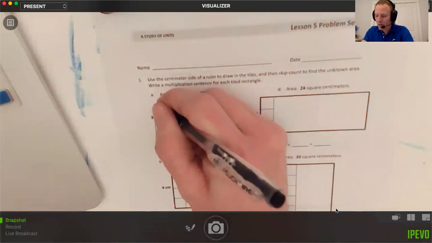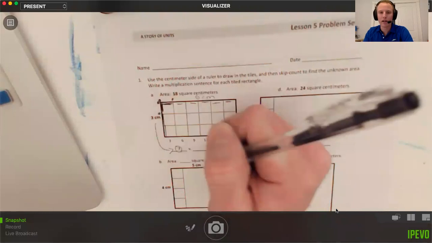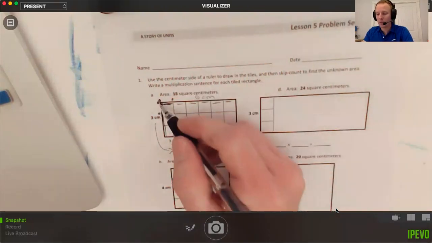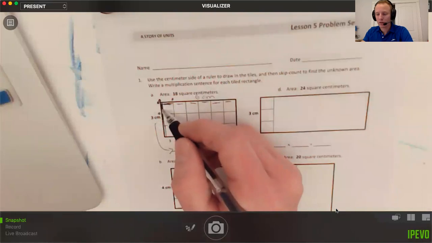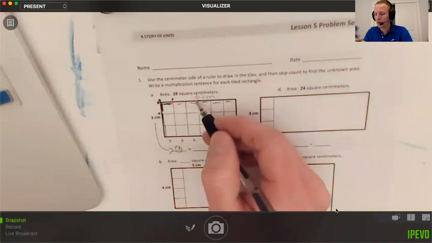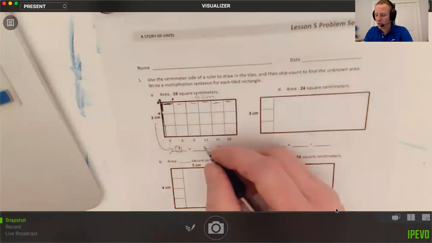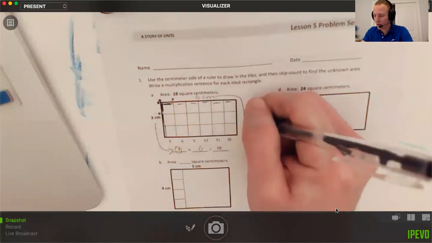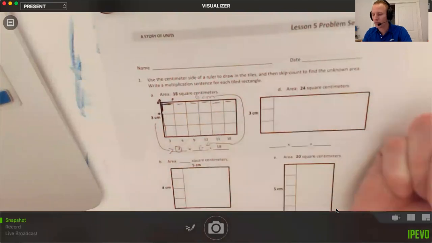Right there to there is different from right here to here. So from that corner, you can go down or you can go right, and they're 2 different measurements. So even though I've already used something from this section once, I still have to use it again when I'm going along the top. So 1, 2, 3, 4, 5, 6. So 6 centimeters.